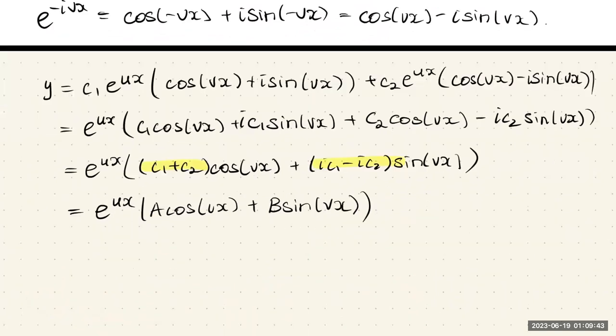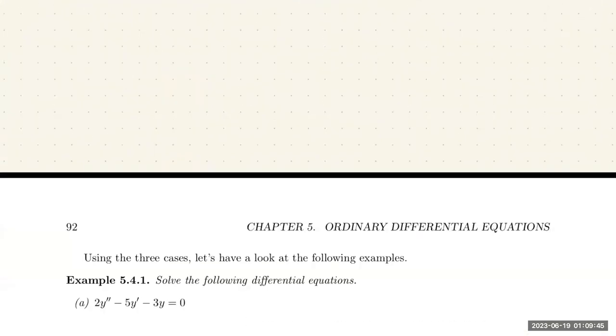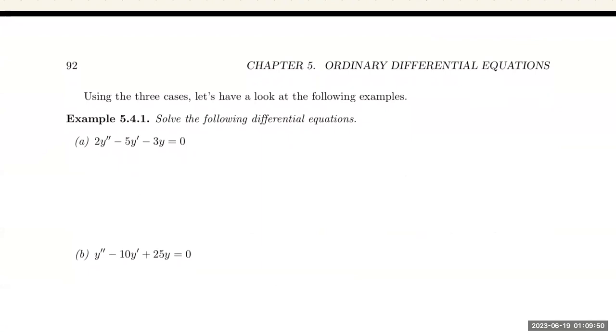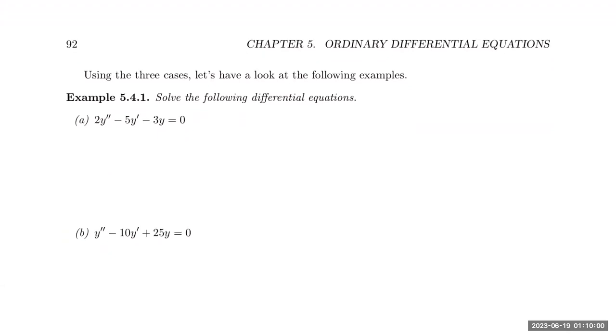Okay, so let's have a look at some examples here. Let's say we want to solve the differential equation given by, the first one, 2y'' - 5y' - 3y = 0. If you're comfortable with factoring, our auxiliary equation is going to be 2m^2 - 5m - 3 = 0.